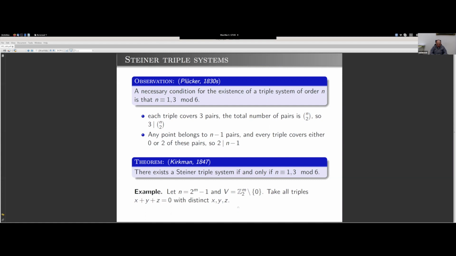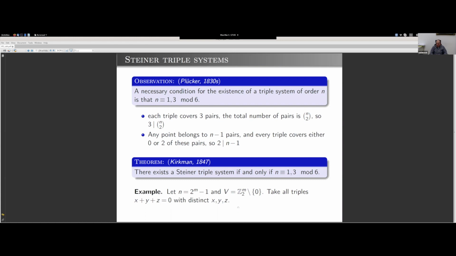In general, one should say that Steiner triple systems give you a very rich class of objects. This is just one example, but if you fix n vertices, you have roughly n to the power constant times n squared different Steiner triple systems. So it's a very rich class.